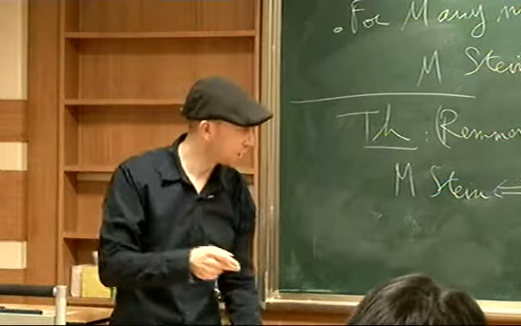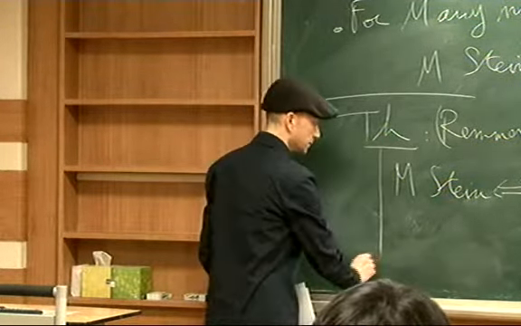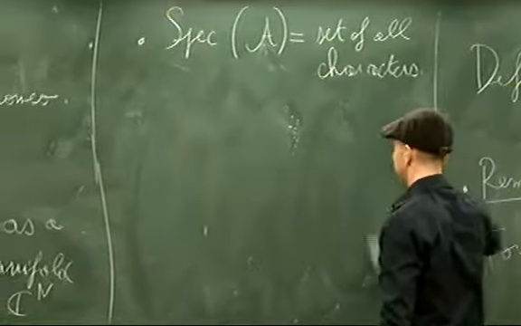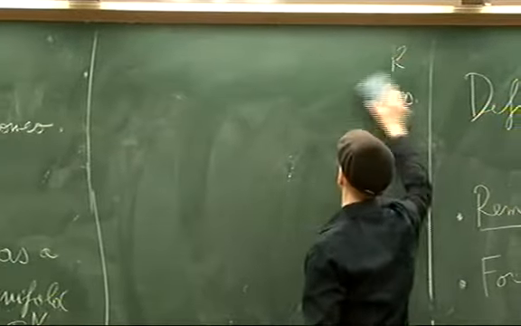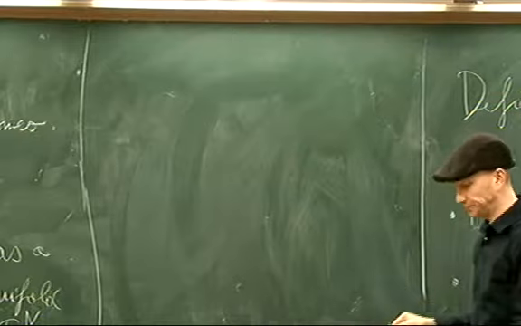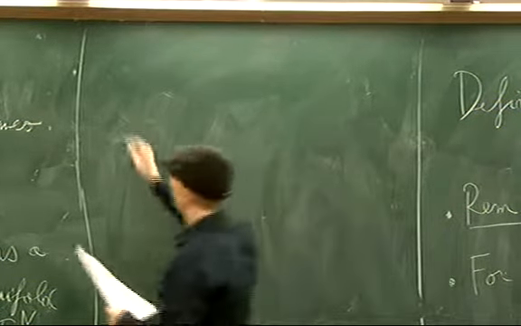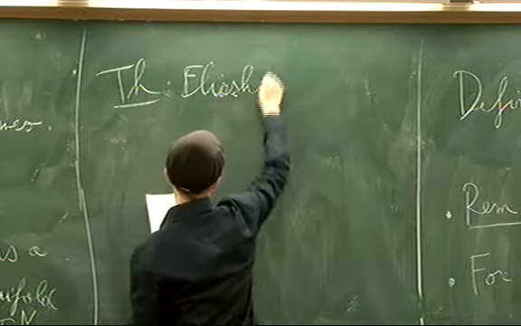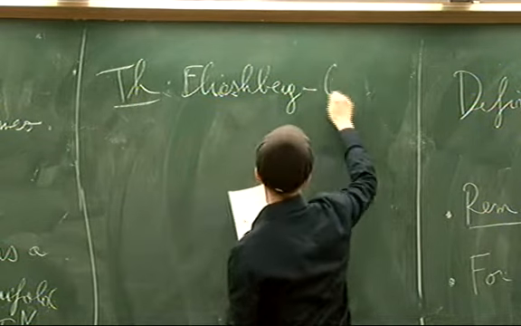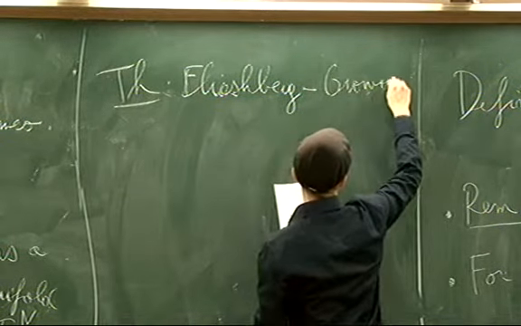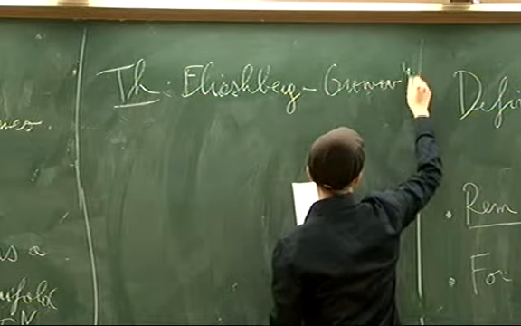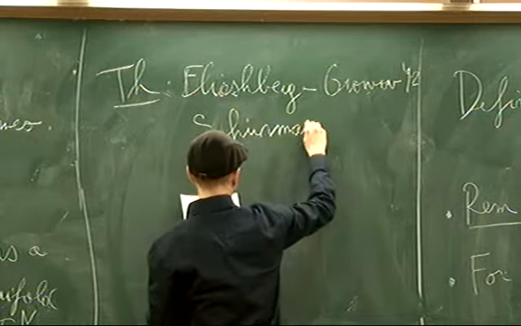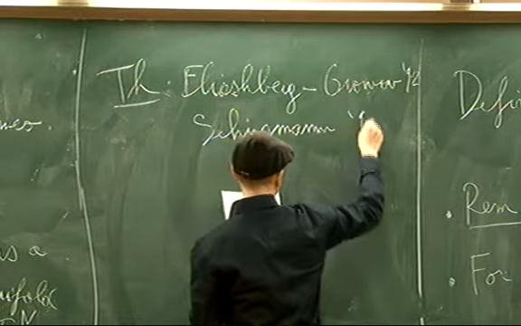Let me give you a theorem about the dimension, and I can give you also some open problems. I think if you put together results of Eliashberg and Gromov, this is 92, and also Schürmann, 97.